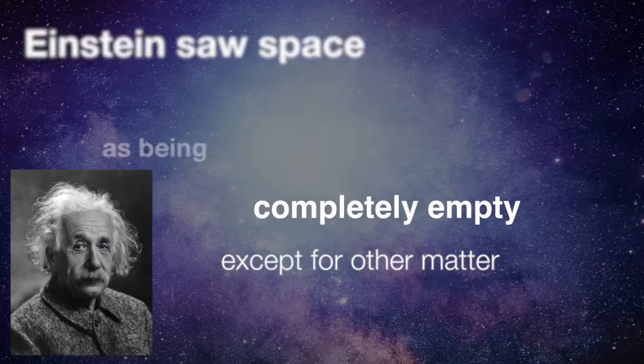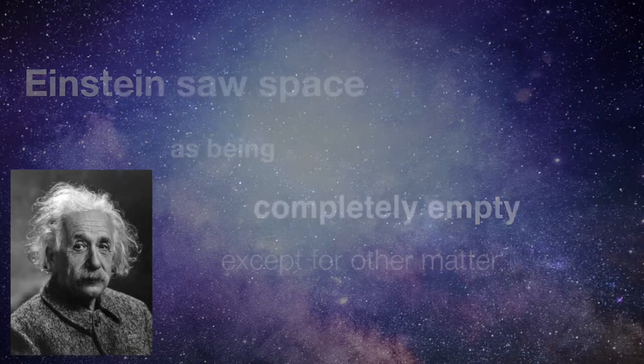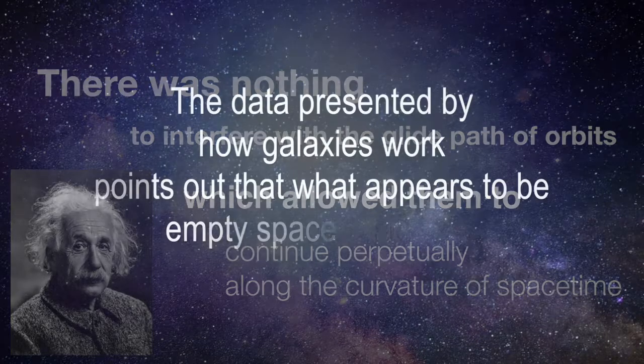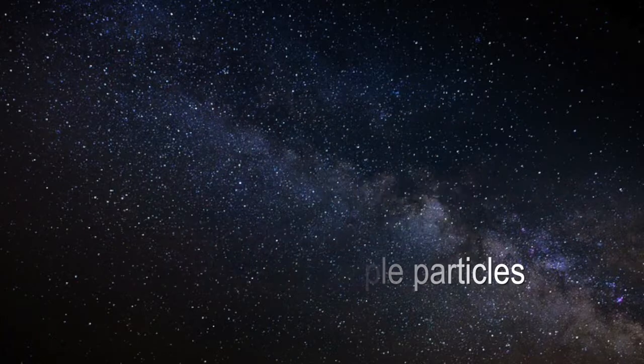Einstein saw space as being completely empty except for other matter. Therefore, there was nothing to interfere with the glide path of orbits, which allowed them to continue perpetually along the curvature of space-time. The data presented by how galaxies work points out that what appears to be empty space is actually populated by multiple particles.